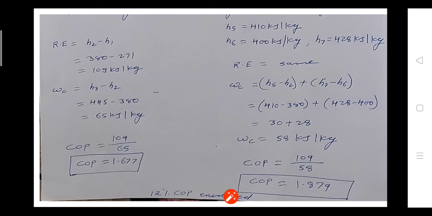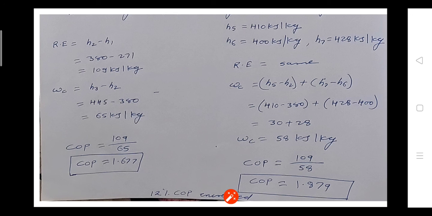Now compare these two values. Without intercooling, the work done on the compressor is 65, and with intercooling you get 58 kilojoule per kg. Now see the COP value. The COP with intercooling is 1.879, which means the COP is increased.